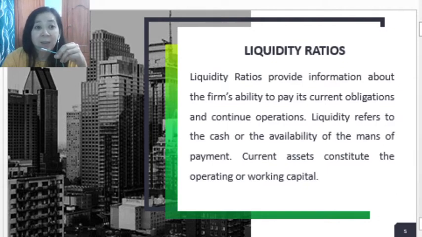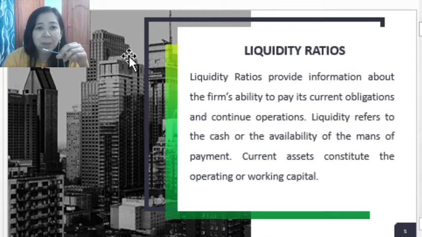We can identify the current assets and the non-current assets. But if we use the liquidity ratios, we will focus more on the current assets, and whether they are able to pay for the current obligations of the entity.